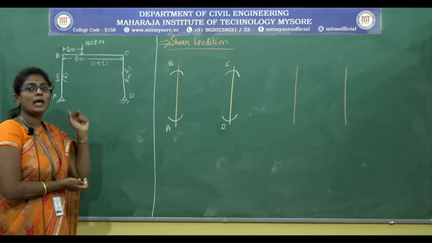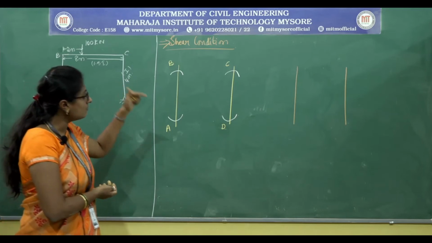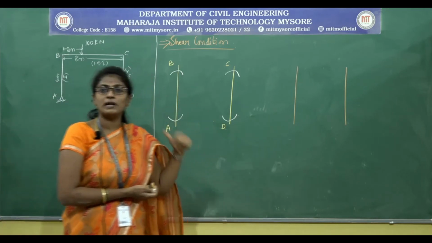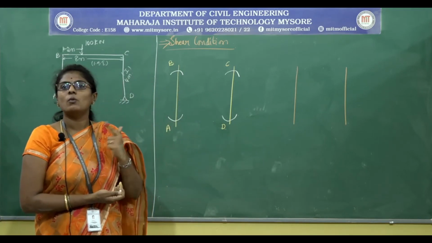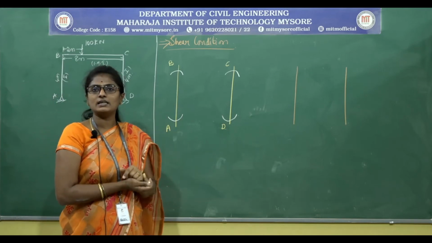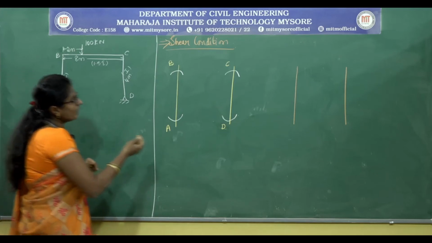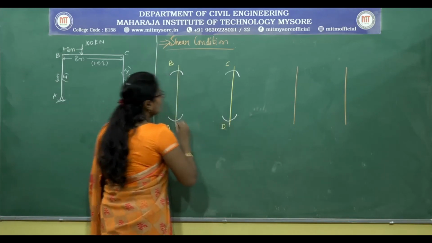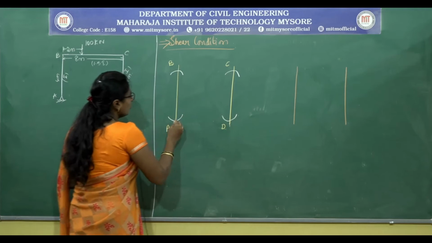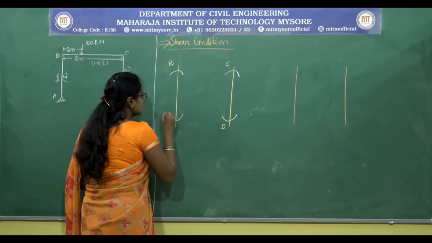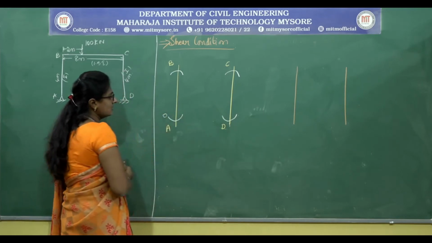That means the MAB, MBA, MBC, MCD values which were obtained from moment distribution table 1, that is without considering the sway. So when you look at the first moment distribution table, what were the final end moments obtained for these members? For A it is 0, since the moment at the hinged support is 0.